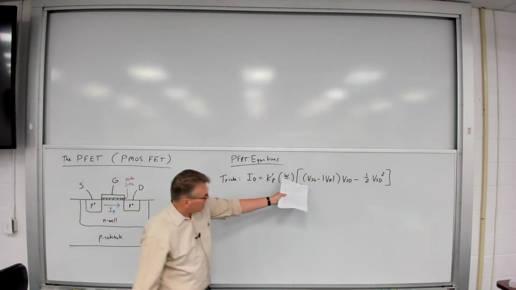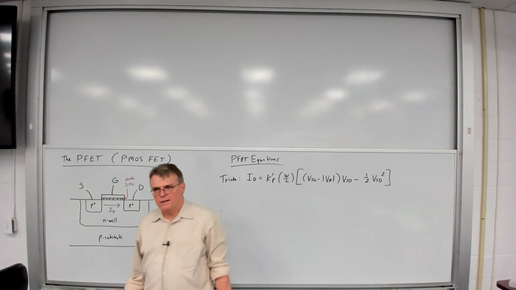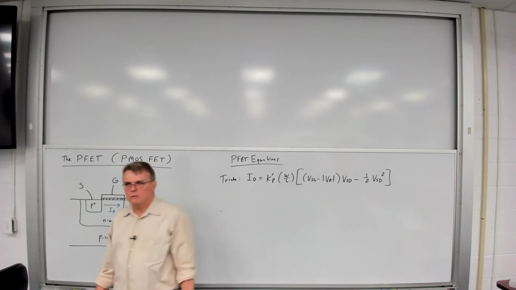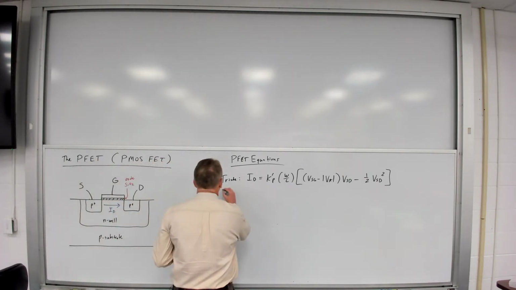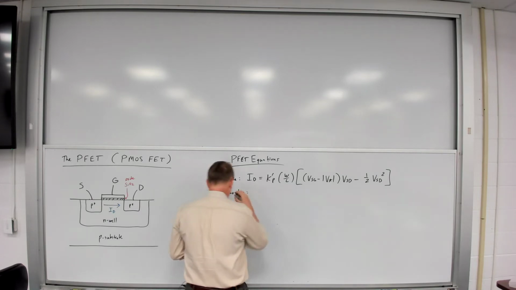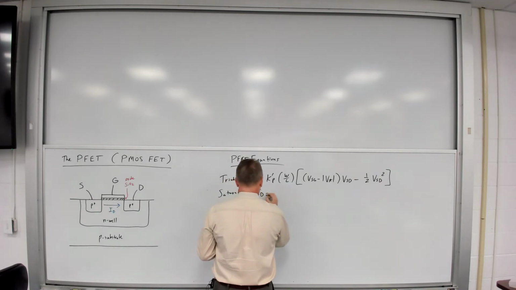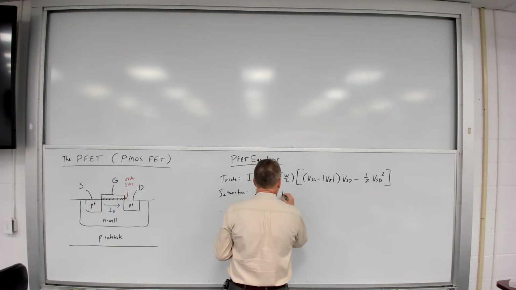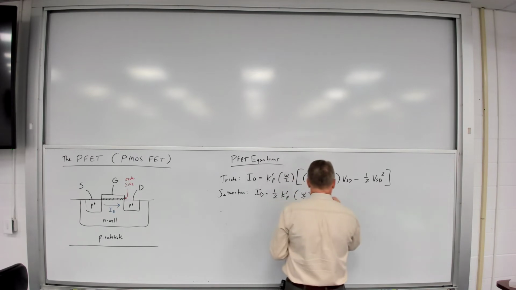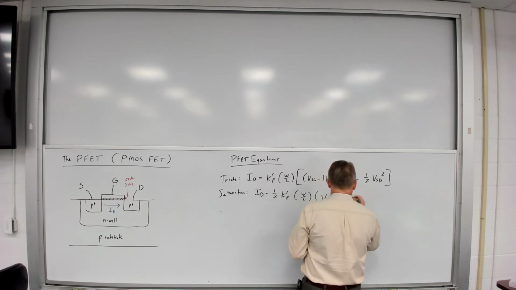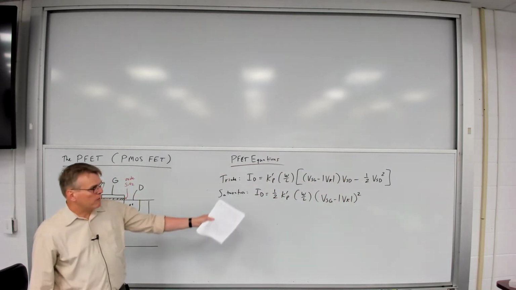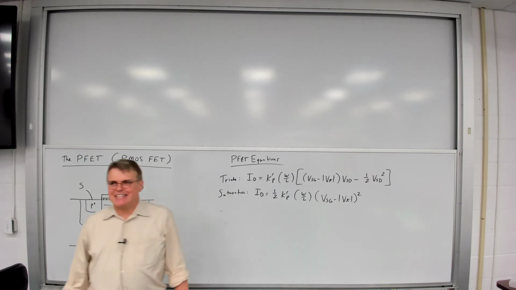And note once again how I'm flipping the subscripts around to change the polarity of the voltages, and I'm putting the magnitude around that threshold voltage. For saturation, we get this: 1/2 K prime P W over L times VSG minus the magnitude of VT, squared.